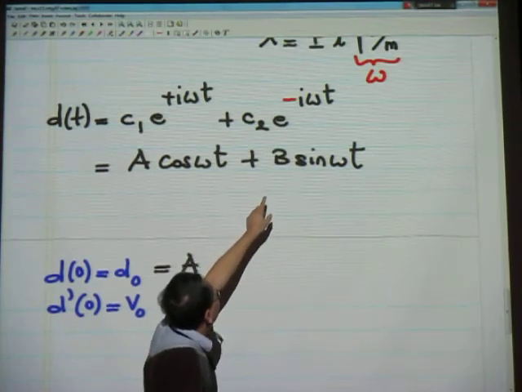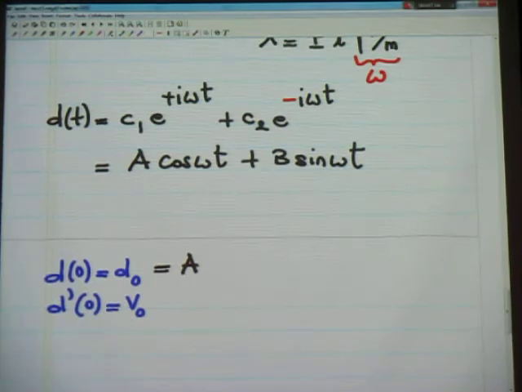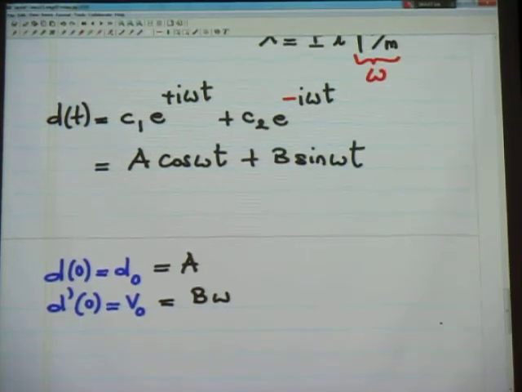So B times omega times cosine of 0, which is 1, gives v0 equal to B times omega. Therefore B is v0 over omega.